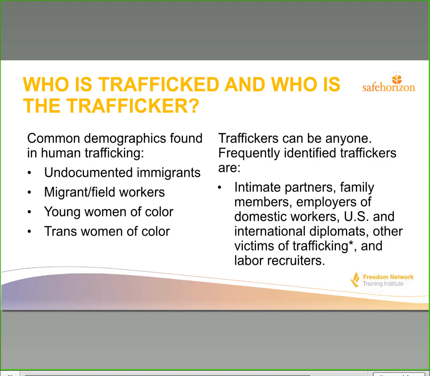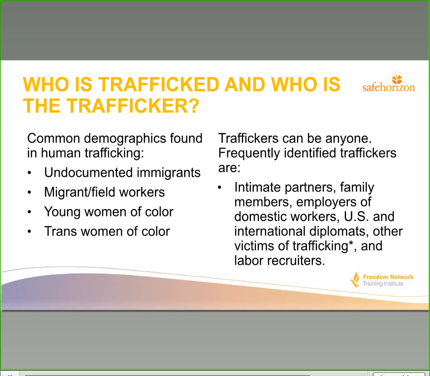We see family members. Here in New York, we often do hear of many people being trafficked by diplomats. We have people who've been trafficked for domestic work, cleaning the diplomat's agency, the diplomat's home, and that is quite common here in New York.